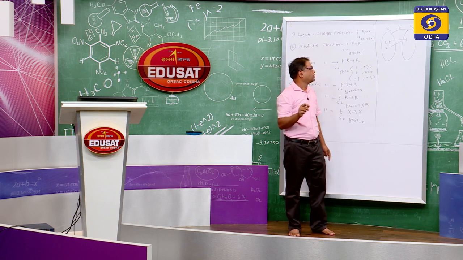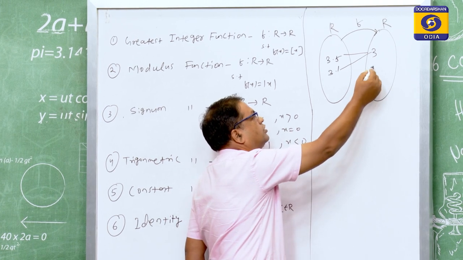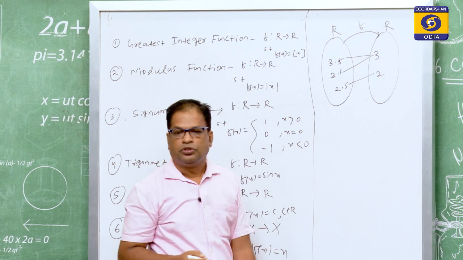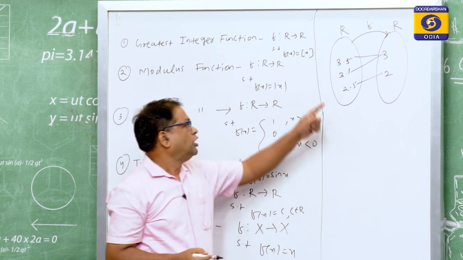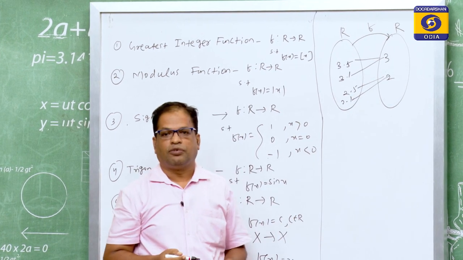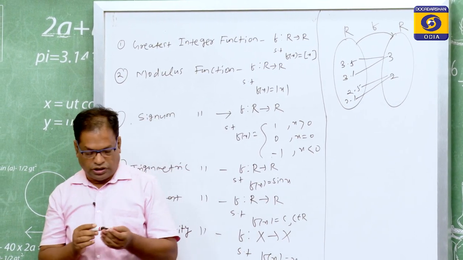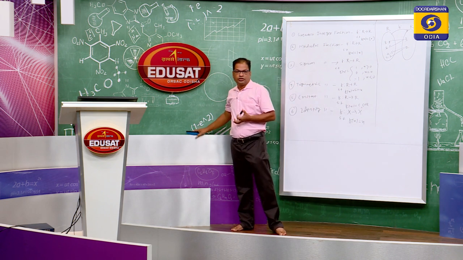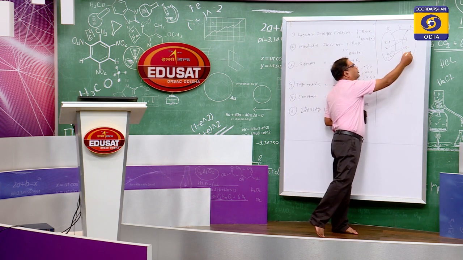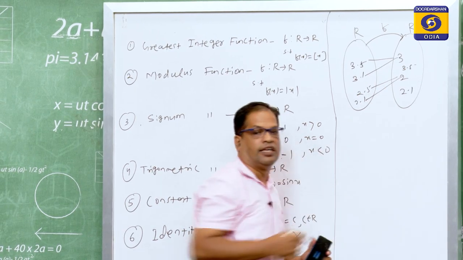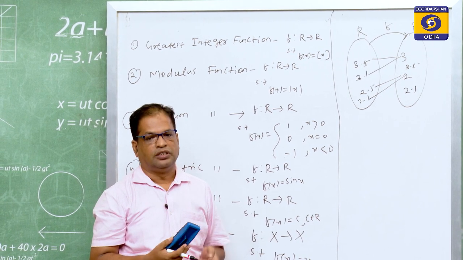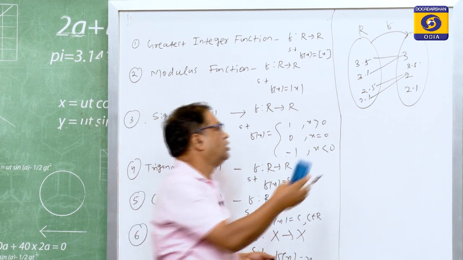Also 2.5 goes to 2, and 2.1 also goes to 2. So the bracket function is a many-one function. It is also not onto, because there are fractional numbers in the codomain which are not related. So the greatest integer function, or bracket function, is neither one-one nor onto.